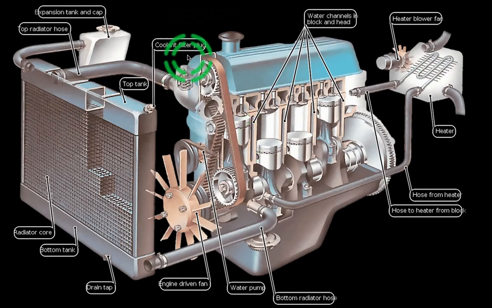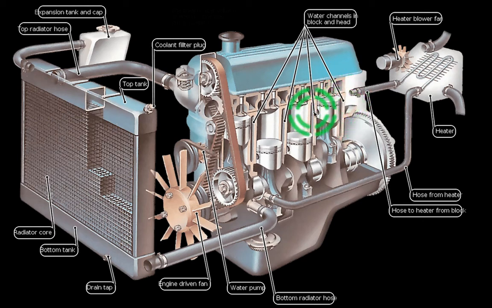Okay, now the final section of this engine composition chapter is your cooling. Cooling again is simple. Like I said, these are your water jackets. This is where your water has to come.